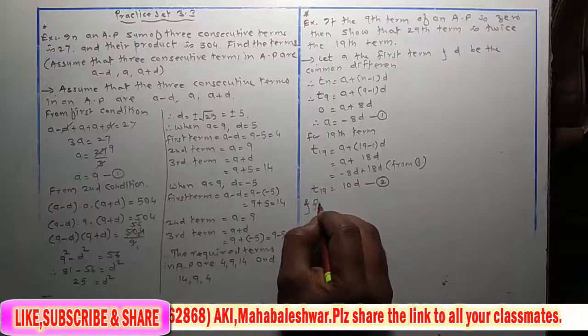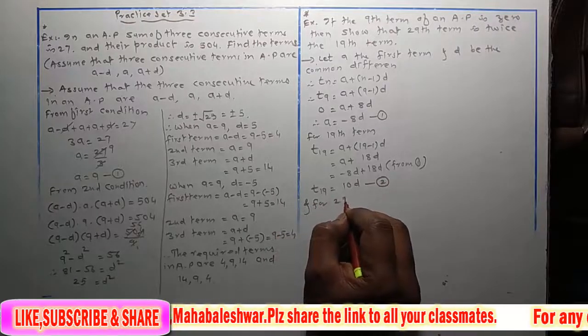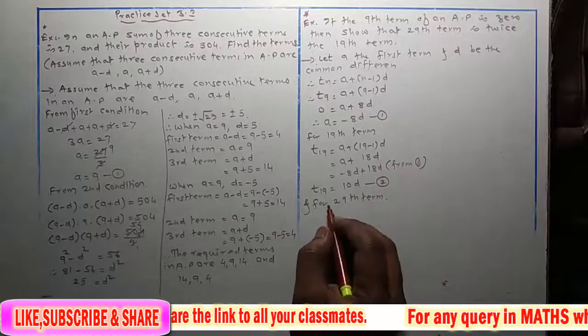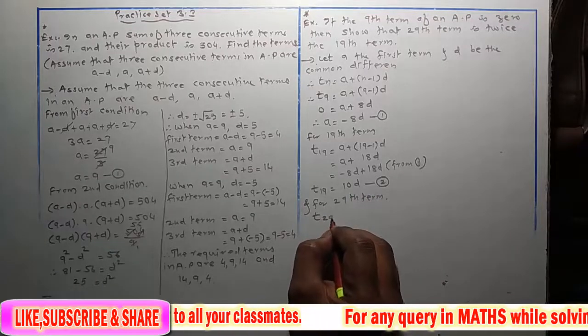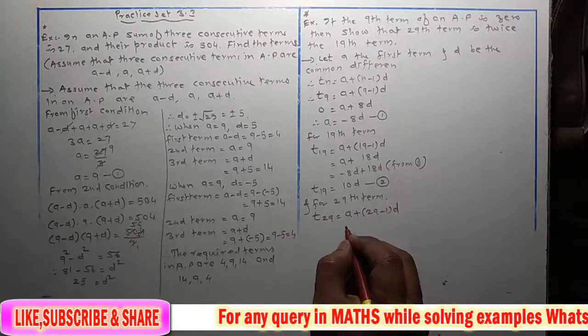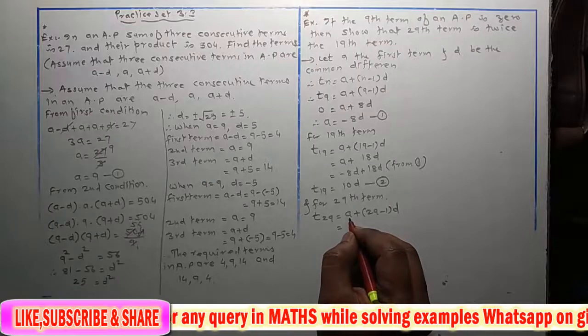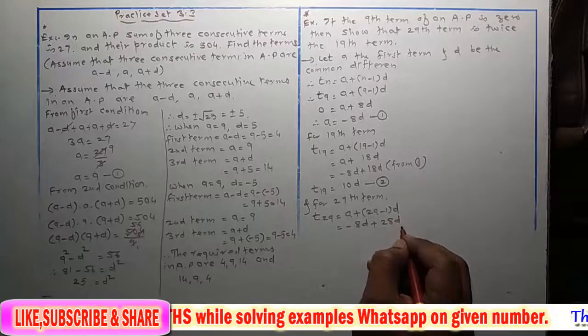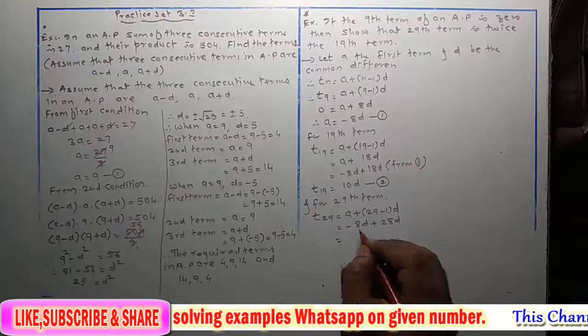And for 29th term we will get T29 is equal to a plus 29 minus 1 into d, that is equal to, value for a is minus 8d plus 28d, that is equal to, how much it is?